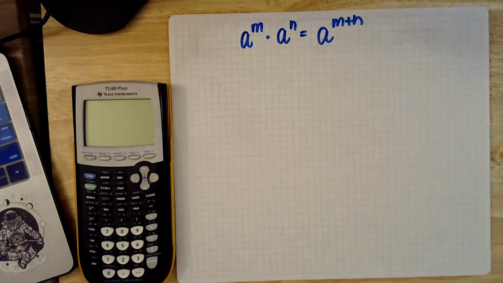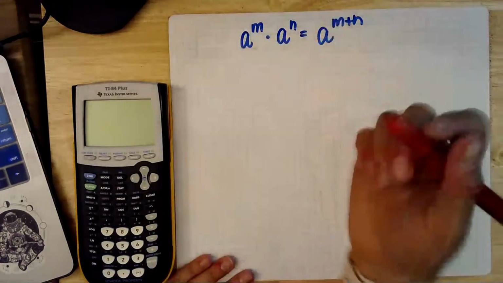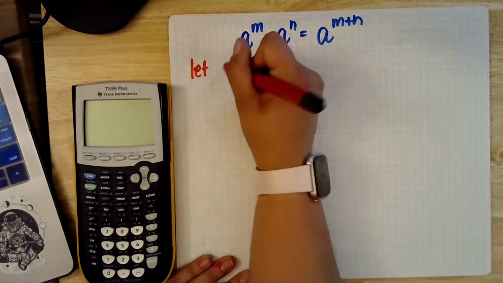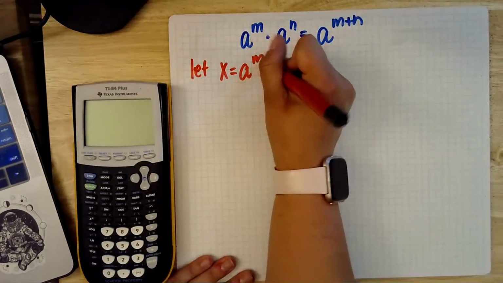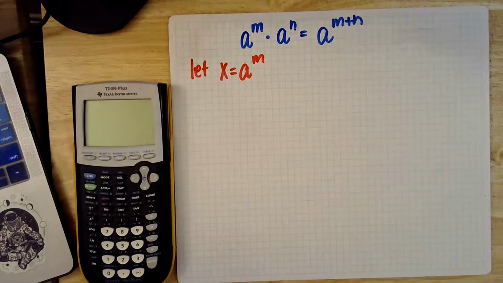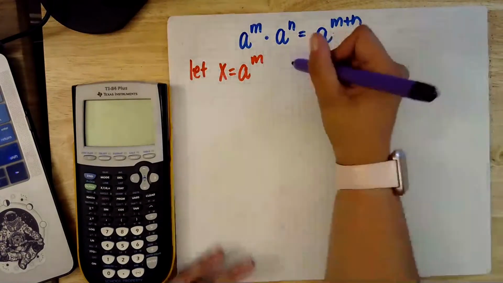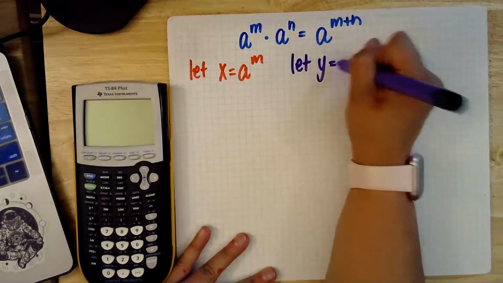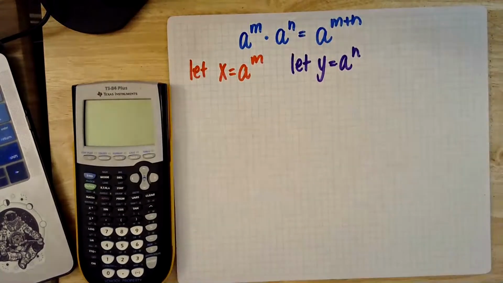Now we're going to analyze this through the lens of logarithms. The very first thing I've got to let you know is I'm going to use substitution. I'm going to let x equal a to the m, and I'm going to let y equal a to the n. So far, so good?